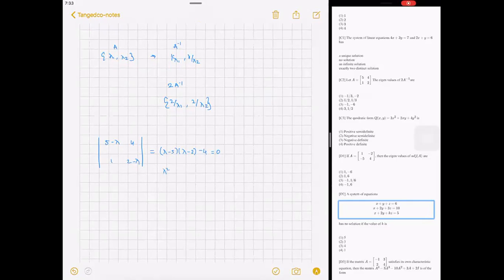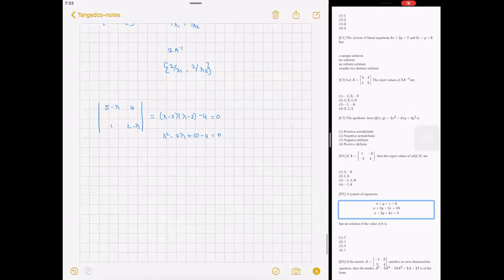So lambda square minus 7 lambda plus 10 minus 4 is equal to 0. So lambda square minus 7 lambda plus 6 is equal to 0.